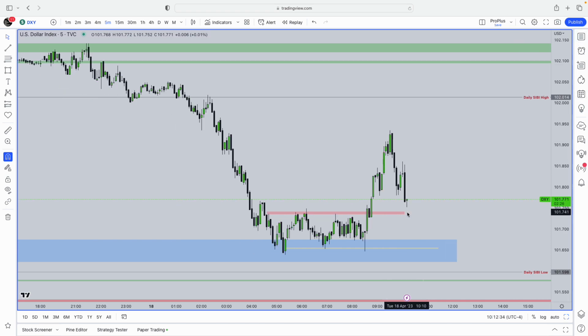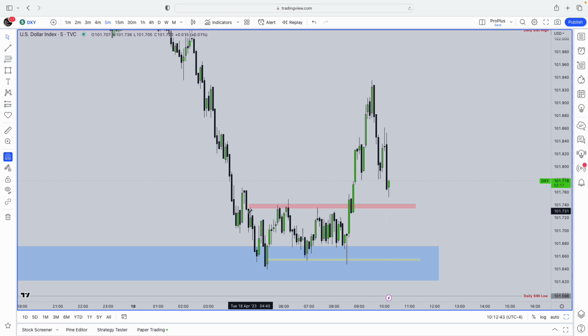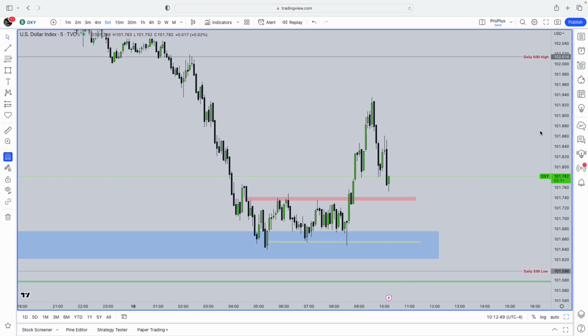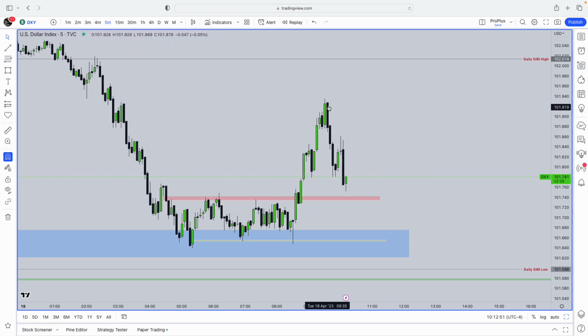So let's try and drag that across. If this acts as support here, this CB, then we can see this potentially going higher. However, now you can see it's pushed up, a market structure shift here, and pulled into a fair value gap.